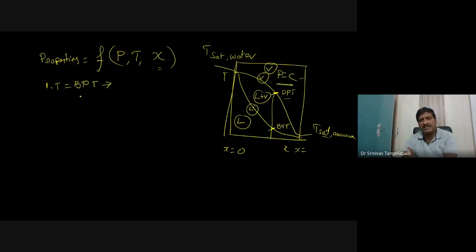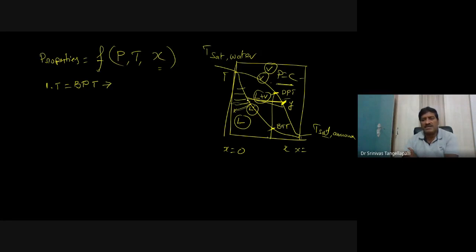The concentration, for example, here these are the x lines. X means concentration lines. The concentration line and pressure line intersect each other, and this gives the temperature. So the bubble point temperature can be calculated from the given pressure and the concentration. Similarly, the dew point temperature also can be calculated from the given pressure and the concentration. But for this concentration, instead of saying x, we call it y.